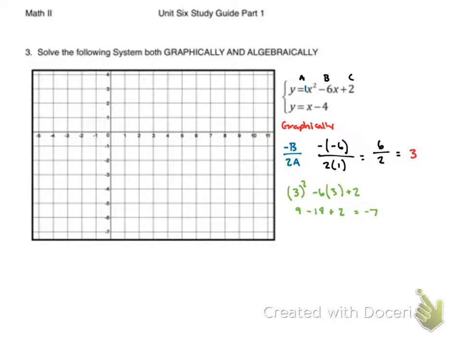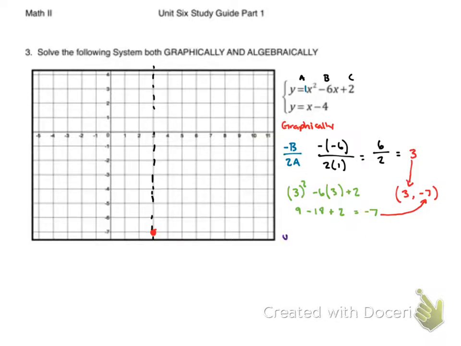So our vertex is 3, negative 7. That's the x value, and this is the y value after we plugged it back in. We plot that point in, and then we know that the axis of symmetry goes down the middle. This is the line that splits our parabola in half.